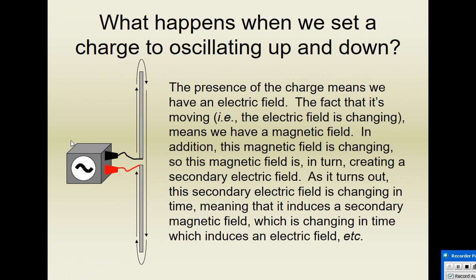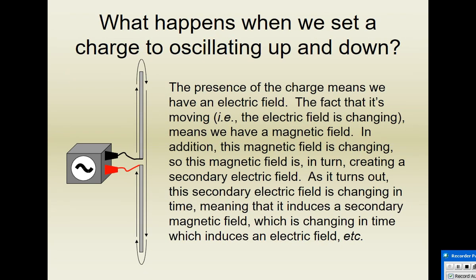The addition that Maxwell made to Ampere's law, along with Faraday's law, along with Gauss's law for electric fields, along with Gauss's law for magnetic fields, makes up what are known as Maxwell's equations. These equations are sufficient to describe the unification of electricity and magnetism.